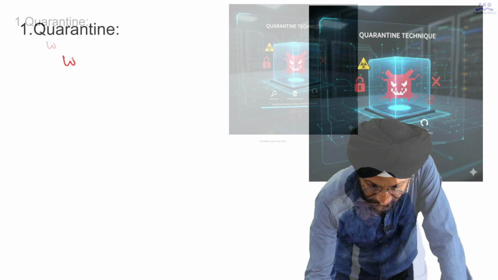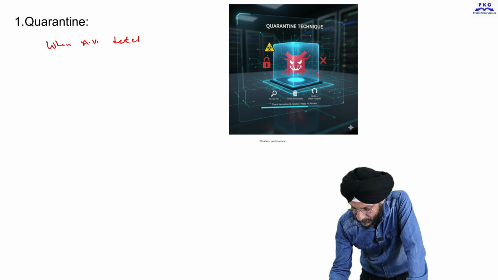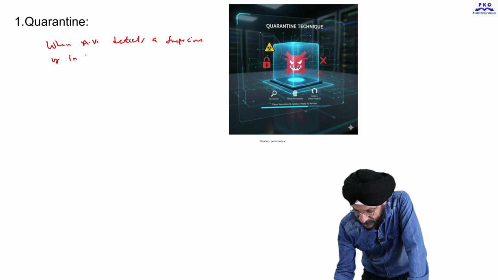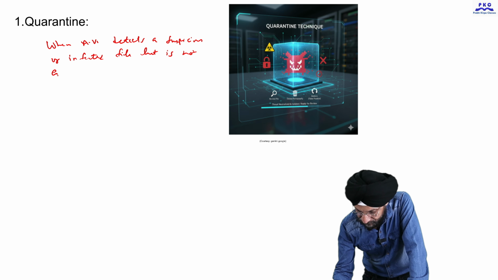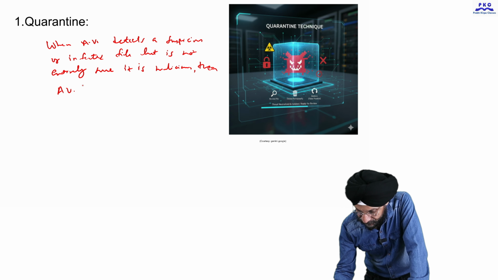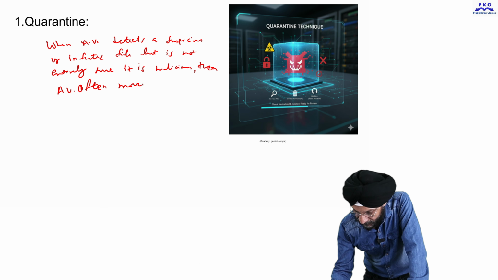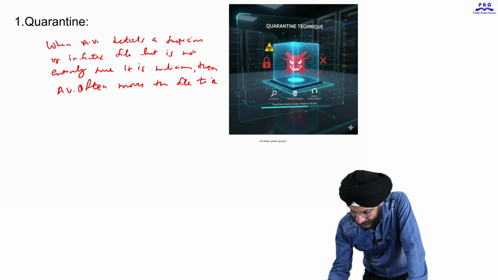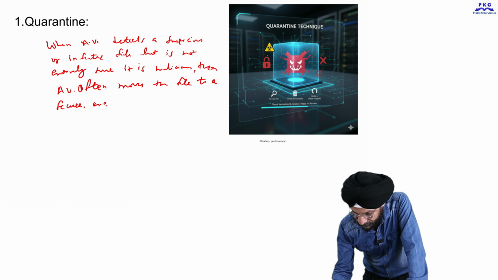When antivirus software detects a suspicious or infected file, but is not entirely sure it is malicious, then antivirus software often moves the file to a secure, encrypted, and restricted area of the system called quarantine.